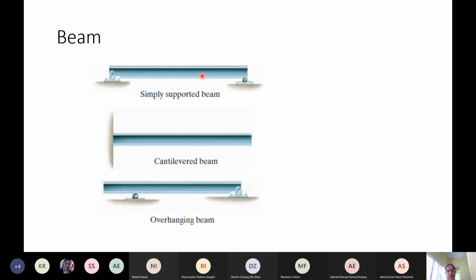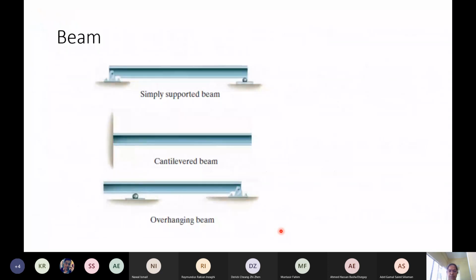It might be a pin, a hinge, or a roller, right? It can be any type. And then cantilever, one end is totally free and the other end is fixed. Then it is called a cantilever. And then overhanging, again it is supported by a roller, and then some portion is hanging, and another end is a pin. There can be any number of supports, but there may be some overhanging portion.